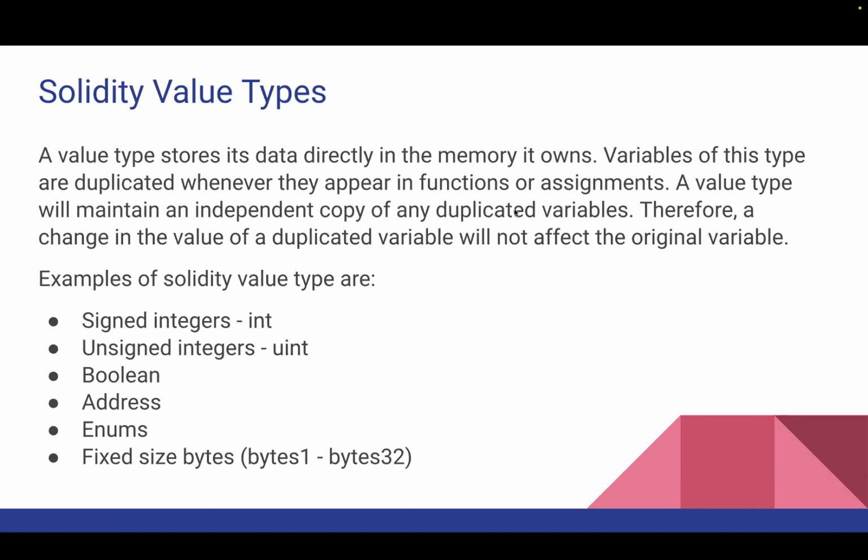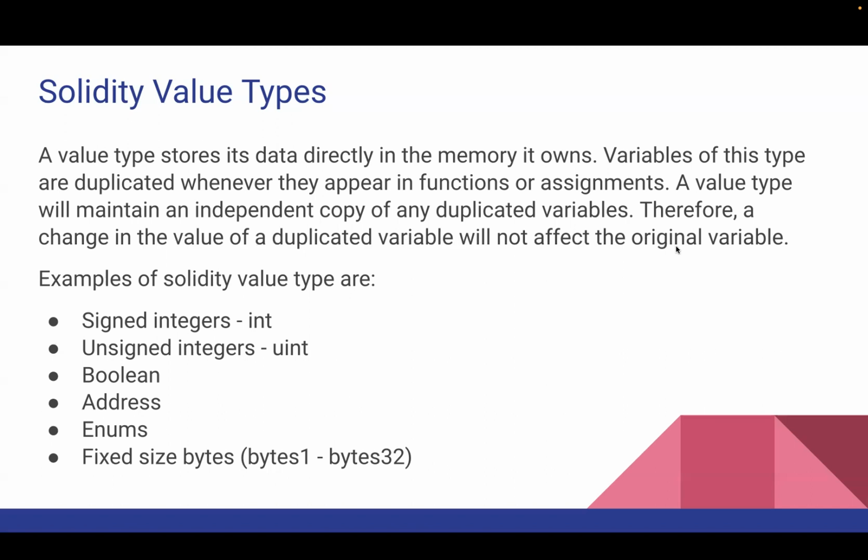So let's continue. Variables of this type are duplicated whenever they appear in functions or assignments. A value type will maintain an independent copy of any duplicated variable. Therefore, a change in the value of a duplicated variable will not affect the original variable, which is what I said here.